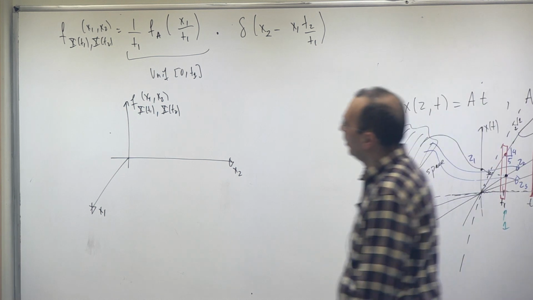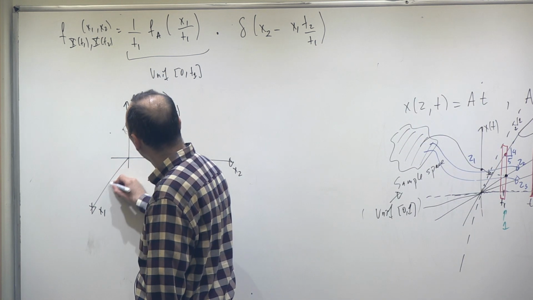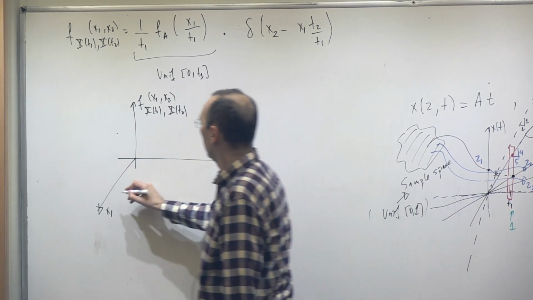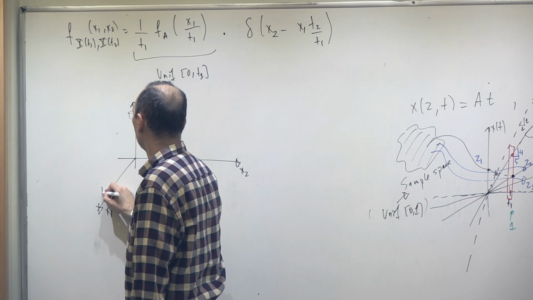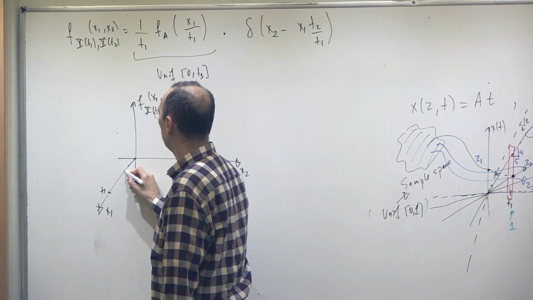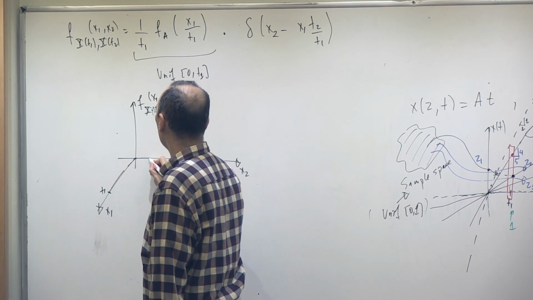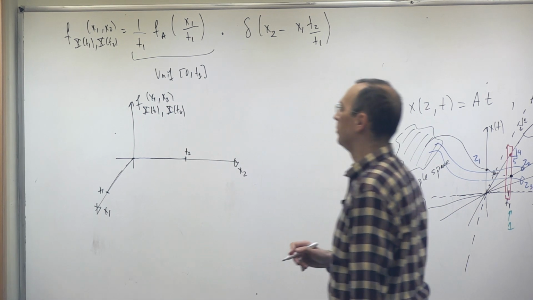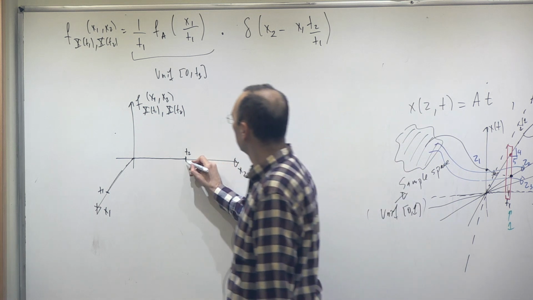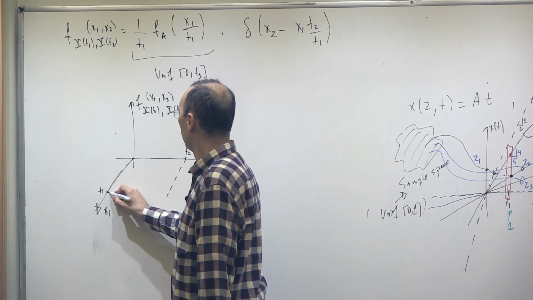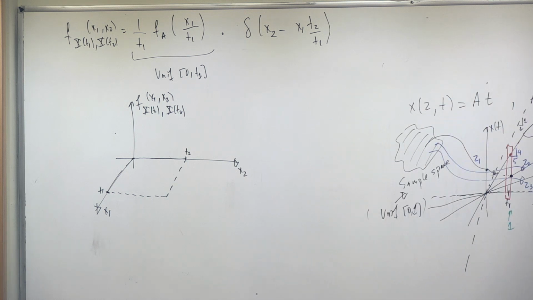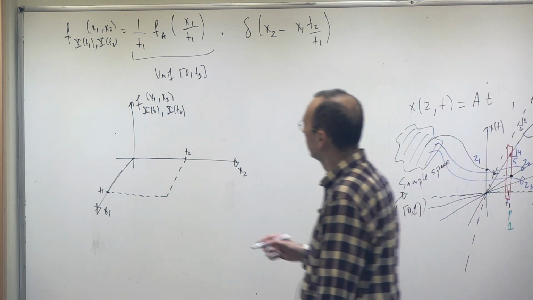So how can I sketch this? I know the marginal density for x1 is a uniform distribution between 0 and t1. So it takes values over here. I know the marginal density for this one takes values between 0 and t2. So I should be having something like this, perhaps. Okay, so how can I draw this?